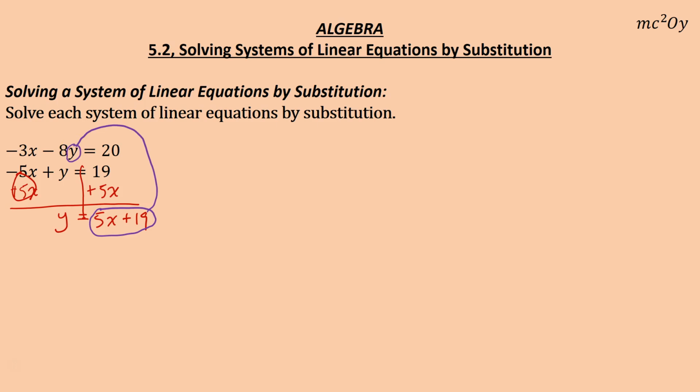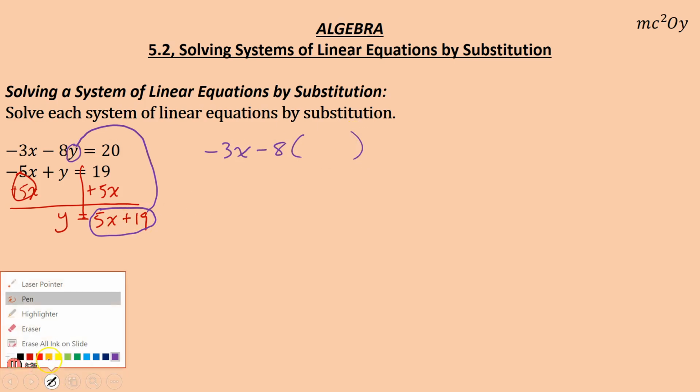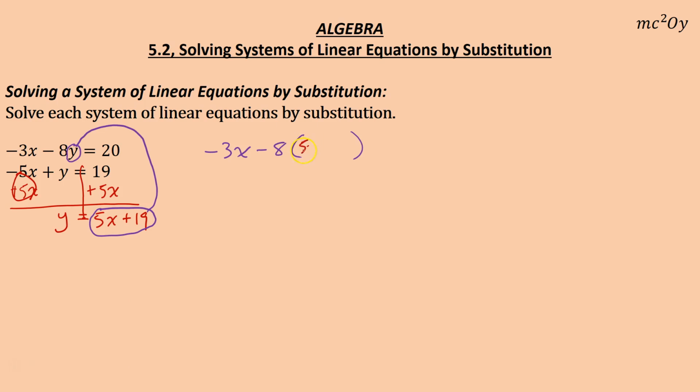And so let's go ahead and write that out. That's going to give me negative 3x, so right here, minus 8 times, well, we're going to put in for y, 5x plus 19. So we got that 5x plus 19, that's what y is. That equals 20.